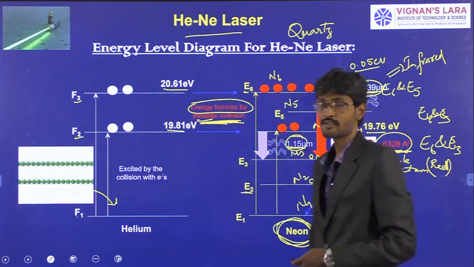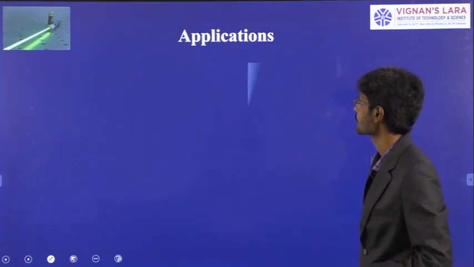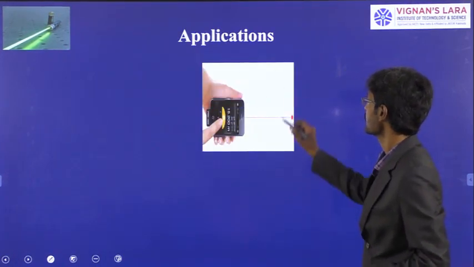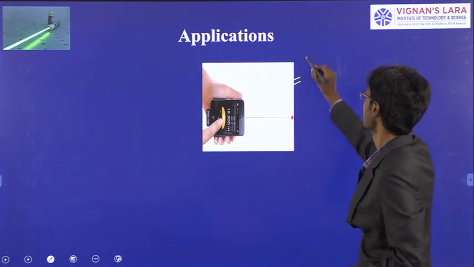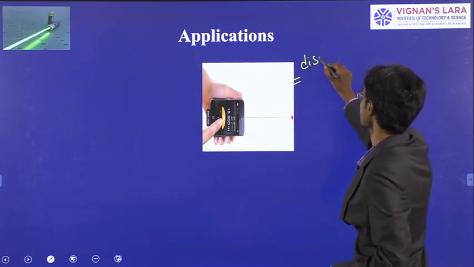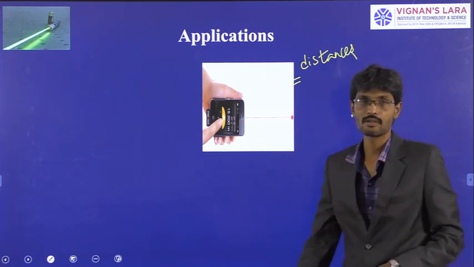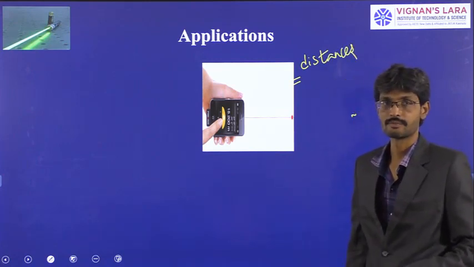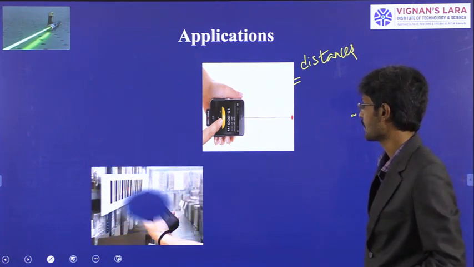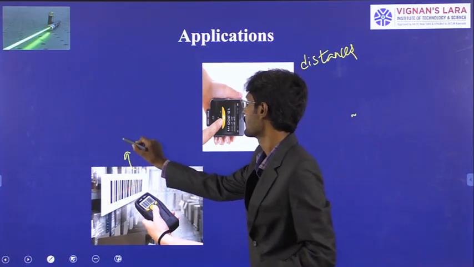If you see the applications of the helium neon laser, it is used for the purpose of measuring distances. And the helium neon laser is used in reading barcodes.